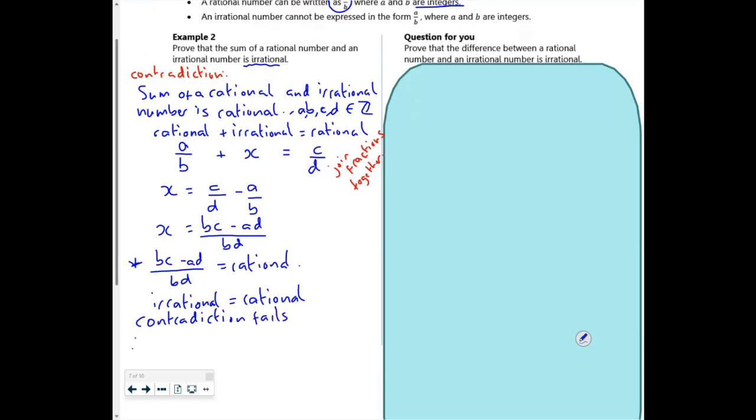So therefore, the sum of a rational and irrational is irrational.